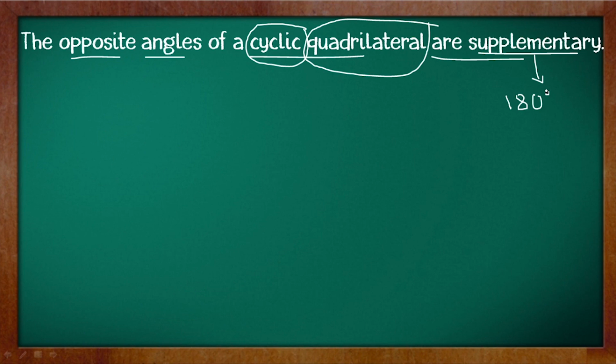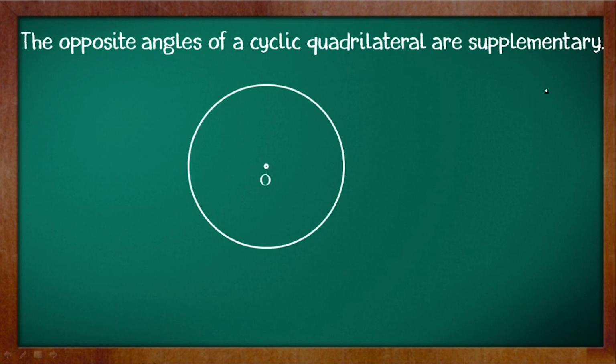Now let's understand this with the help of a diagram. Suppose there is a circle with center O. Now if we choose 4 points A, B, C and D, and draw a quadrilateral, we have a figure having four sides: side AB, BC, CD and DA. Since these vertices lie on a circle, this kind of quadrilateral is known as a cyclic quadrilateral.